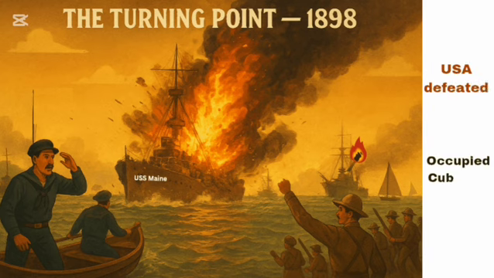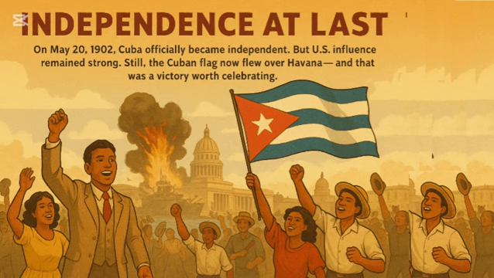Cuba was finally free from Spanish rule, but now the United States was in control. Yes, independence at last. On May 20, 1902, Cuba officially became independent, but USA influence remained strong. Still, the Cuban flag flew over Havana, and that was a victory worth celebrating.